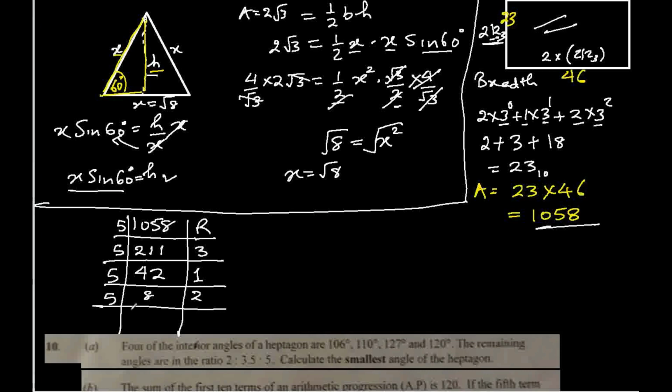Then 5 times 1 is 5, remainder is 3. And finally 5 times 0 is 0, remainder is 1. So our answer is, we start from the bottom and go up: 1, 3, 2, 1, 3, base 5. This is our answer.